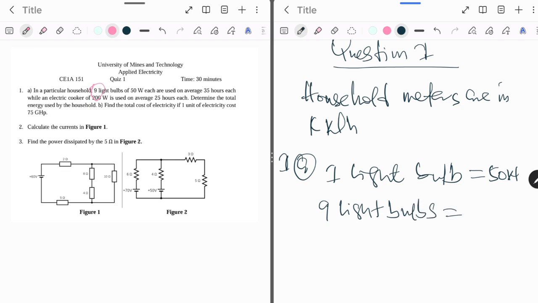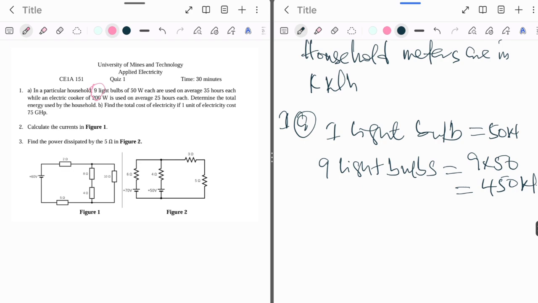Also, I'm going to get the total watts or the total power to be 9 times 50, which is going to be equals to 450 watts. So we have 450 watts for this question.